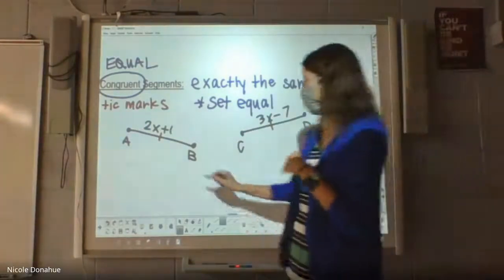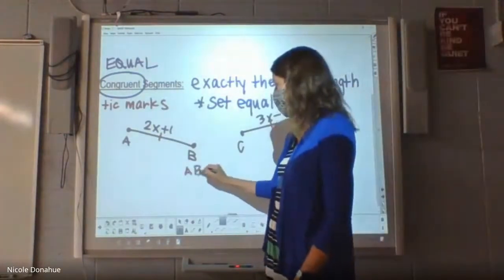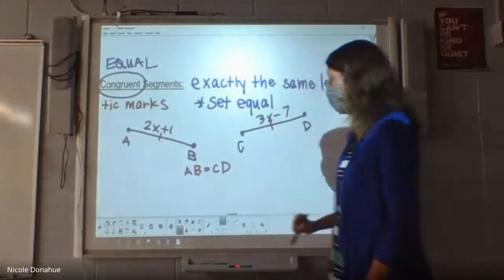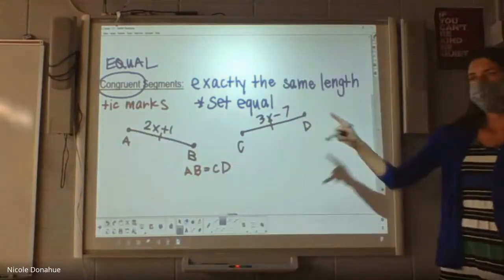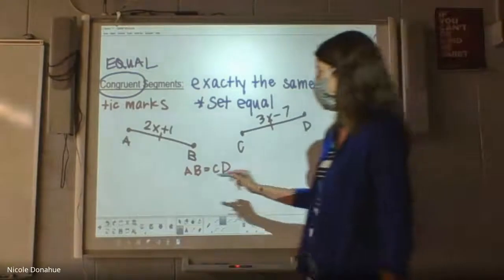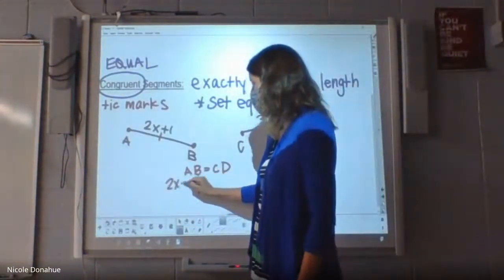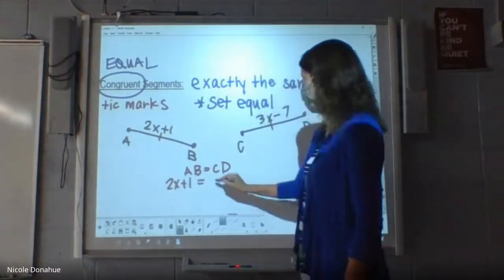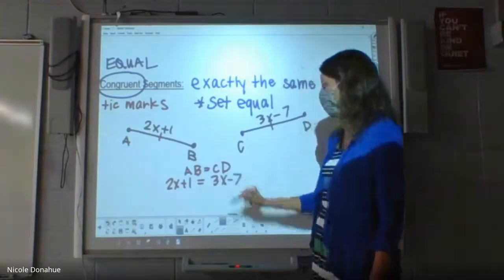So AB has to be the same as CD because of those little marks, and I can set those expressions equal: 2x plus 1 equals 3x minus 7.